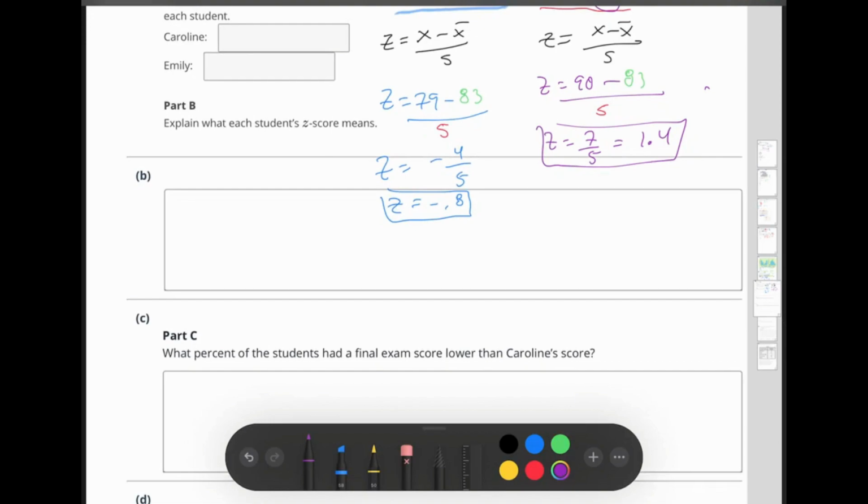And what does that mean? Caroline scored below the class average, because of that minus sign.